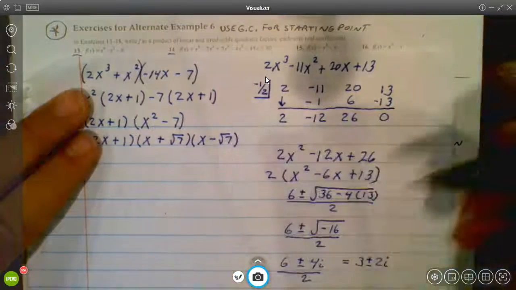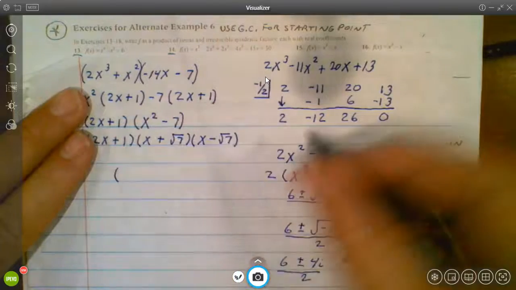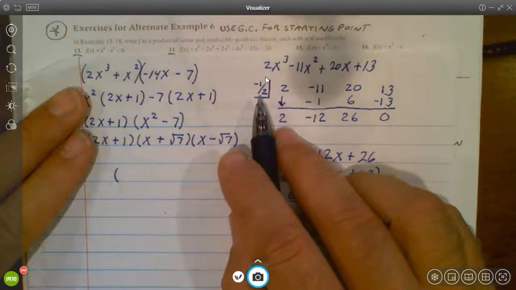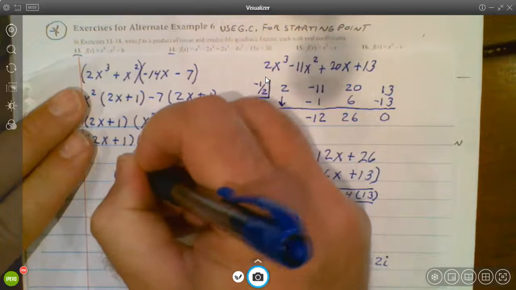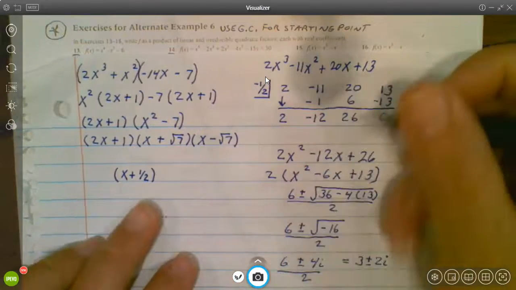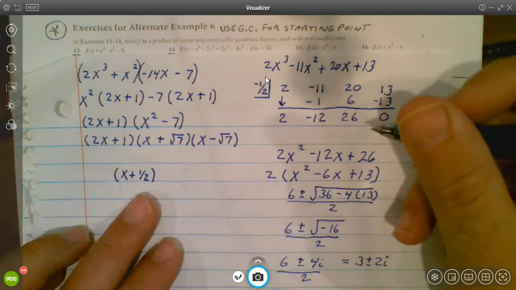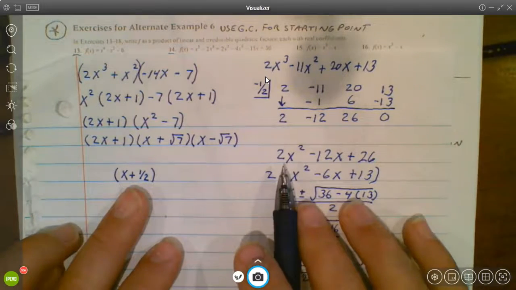As far as the factors go, I know that this is x plus 1/2, and I'm going to show you how you can rewrite that in a second. So I could write it as x plus 1/2. So here was the other factor, right?